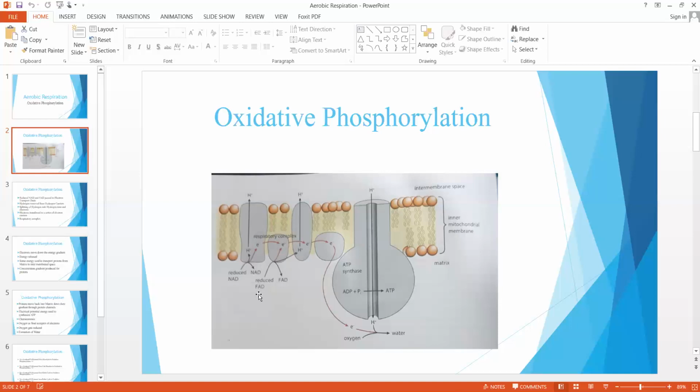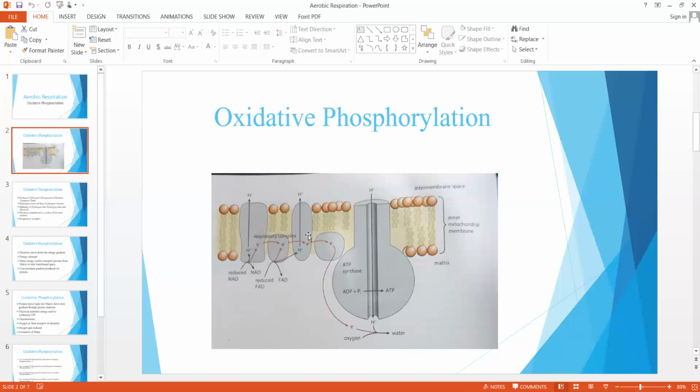Obviously the characteristics of the cell membrane, whether it's a mitochondrial membrane or a chloroplast membrane, remain the same. So obviously there are certain proteins, as you can see over here. It's one, it's two, it's three, it's four, and this is a fifth one as well. And all these proteins are different in structure, shape and size also.